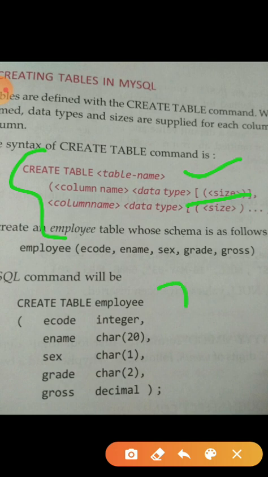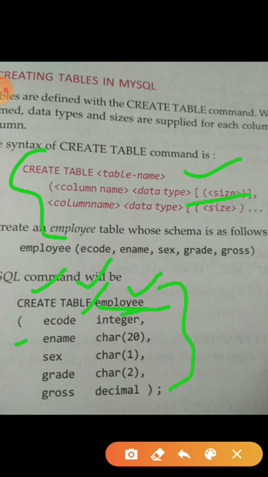And how we will use it in the form of a query: first create, then table, both are keywords. Then we give the table name, then an opening bracket, and then the column names, whatever columns we define, and their data types, which specify what type of data they hold.